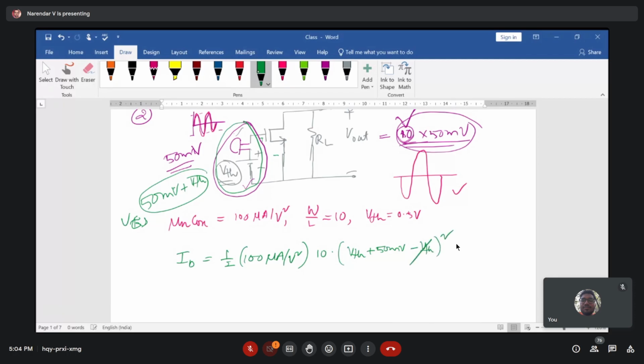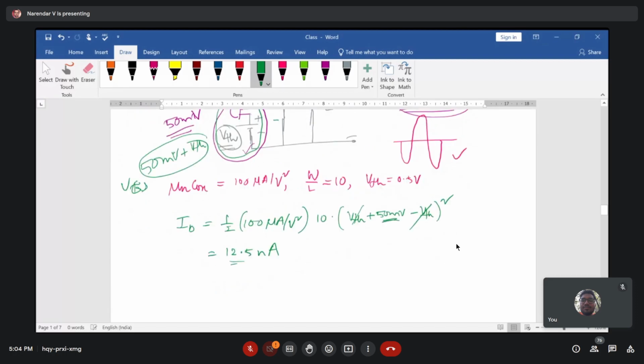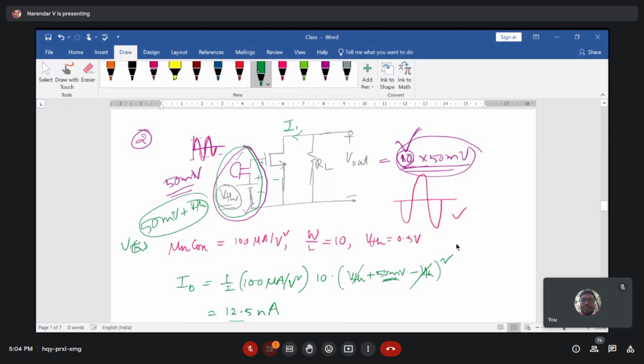This gets cancelled out, then you end up with 50 millivolts square, and finally you will get the current ID, which is equivalent of 12.5 nanoampere. So this is the current that you can notice, ID of 12.5 nanoampere.